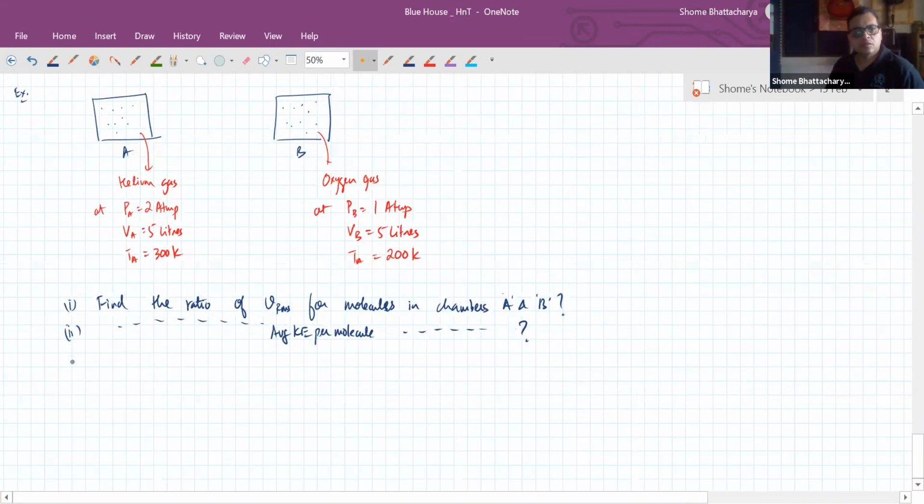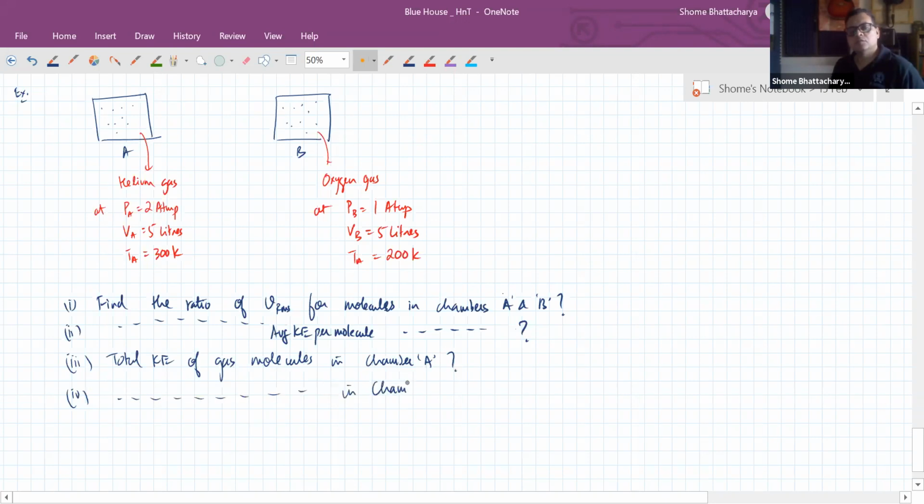And then we have to find the total kinetic energy of gas molecules in chamber A and the total kinetic energy of gas molecules in chamber B. For this part, you can take the value of R as 8.31 joules per mole Kelvin.